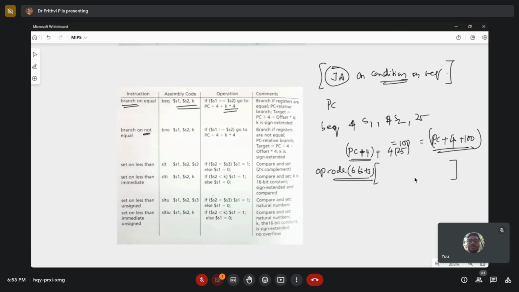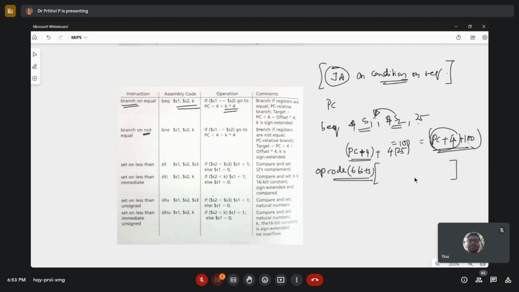It jumps to this instruction when the content of S2 is equal to S1. That is the condition. When the content stored in this location is equal to this location, it will offset to another address location placed at program counter offset of 4 with 100. This is the instruction meaning.